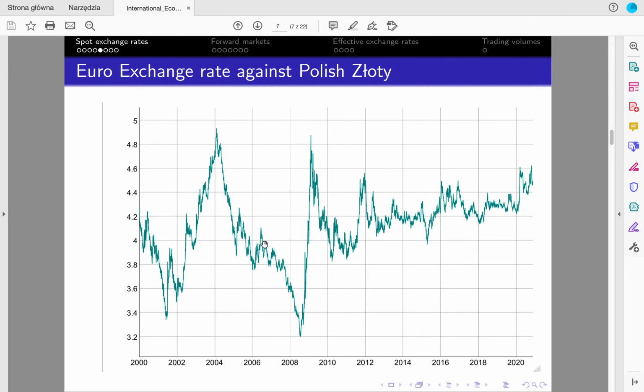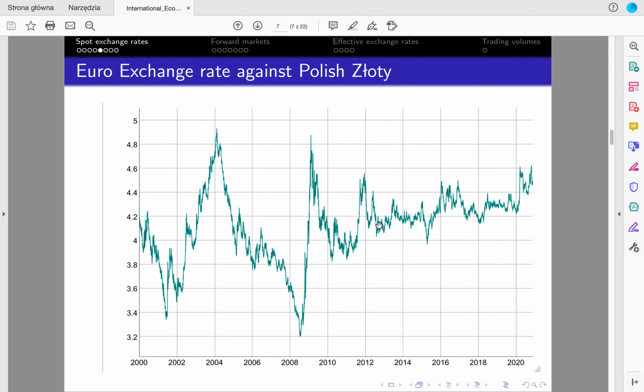But at the same time, in the midst of the financial crisis in 2008, we could buy 1 euro with not much more than 3 zlotych and 20 groszy. Then we saw that there was another swing. Euro appreciated, Polish zloty depreciated, and then again euro started depreciating in the midst of the sovereign debt crisis.